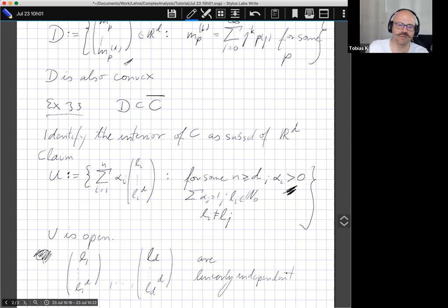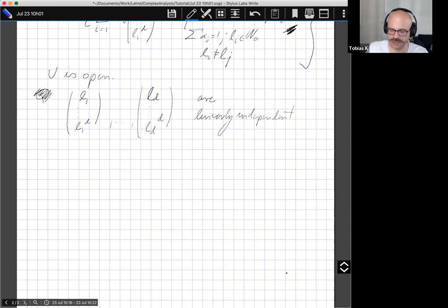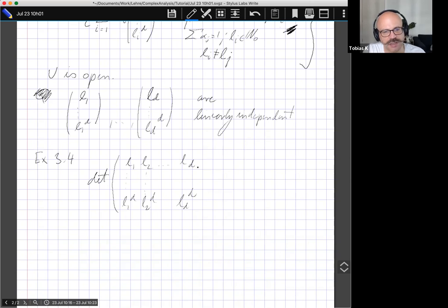And there are several ways of seeing this, and one of these is what we are doing in exercise 3.4: you look at a kind of modified Vandermonde determinant. So you write all these vectors in a matrix, and you have to show that the determinant is unequal to 0.